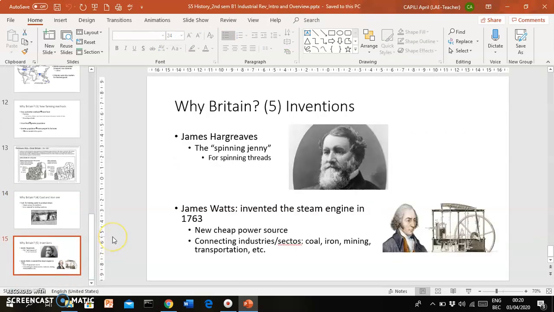Lastly, we already mentioned some of this. Why Britain? Because in this country, inventions, innovations, and discoveries were encouraged.